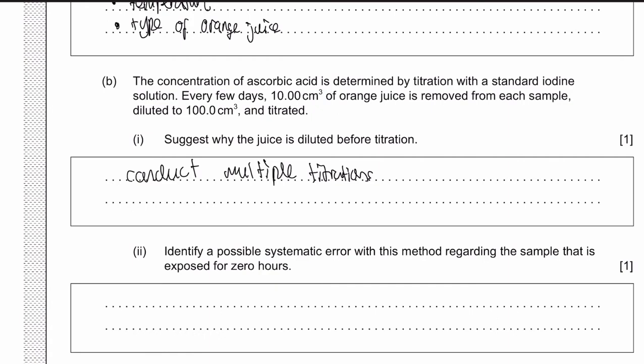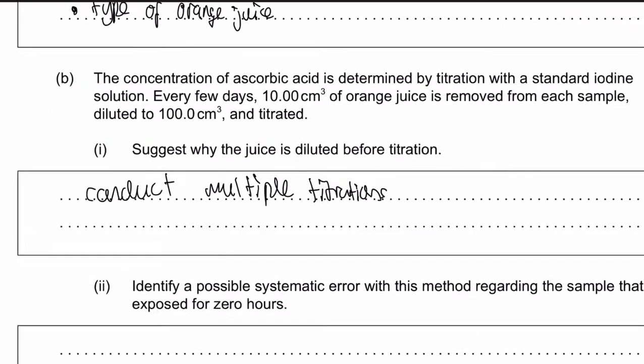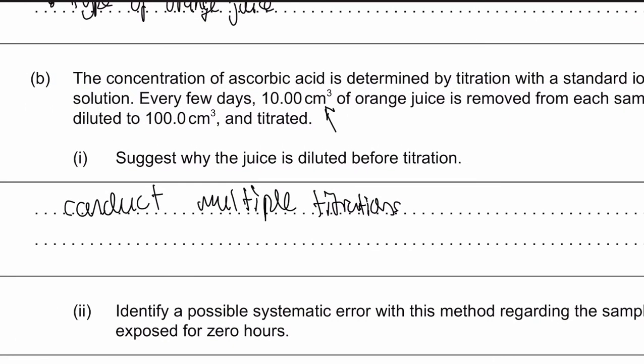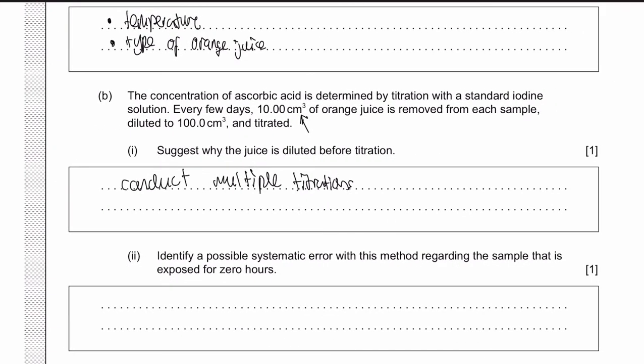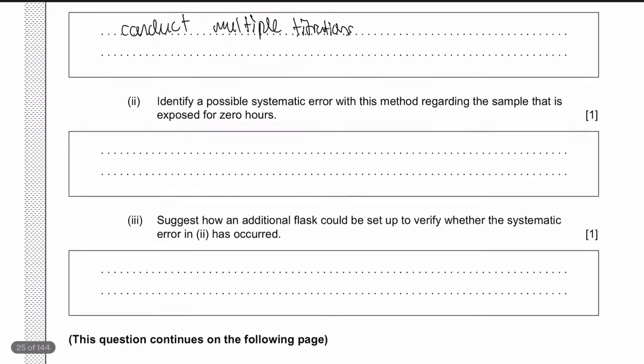Just off the top of my head, usually when we dilute something it's because if we add indicator and it's too concentrated, it's hard to reach an endpoint that's determinable by the human eye. So essentially, if it was too concentrated and we added a bit of our indicator, it would just instantly change color, which would make the endpoint quite hard to determine. So by diluting it, we have an endpoint that's easier to see.